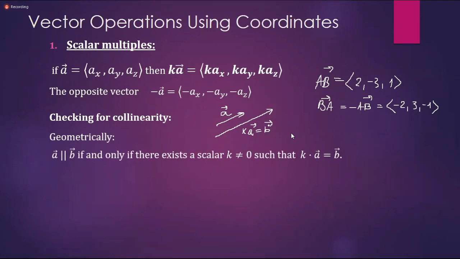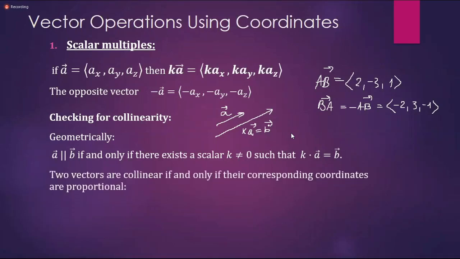This is the same thing that I just said. I have just written it down. So two vectors are collinear if and only if there exists some non-zero number, scalar k, such that k times vector A is B. It's exactly the same thing that I just explained, and I reminded you because we already discussed this last week.